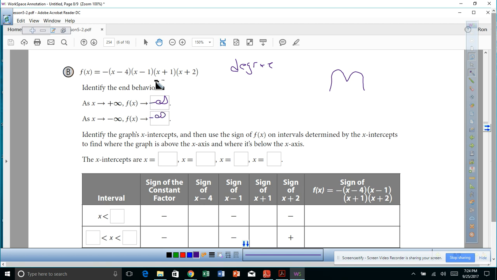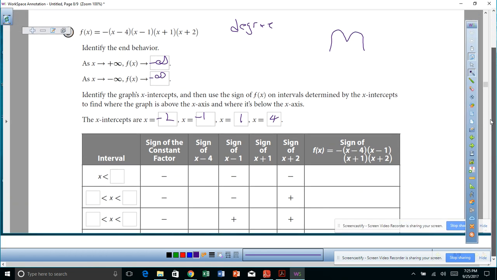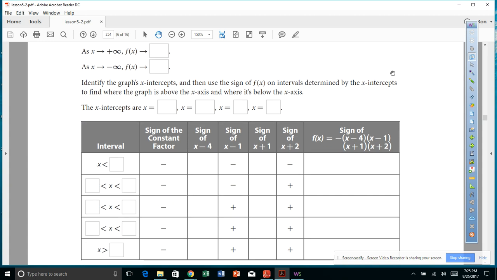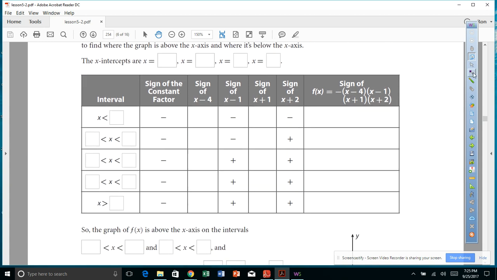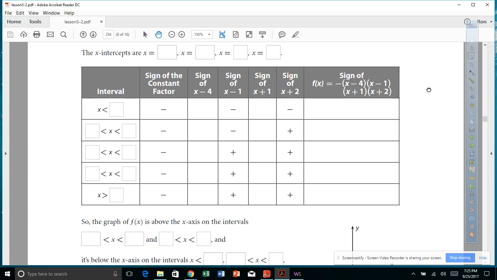Okay. And the x-intercepts, so you're going to have 4, and that's going to be 1, and that's going to be negative 1, and that's going to be negative 2. So there's your intercepts. That's going to break it up into a couple pieces here.